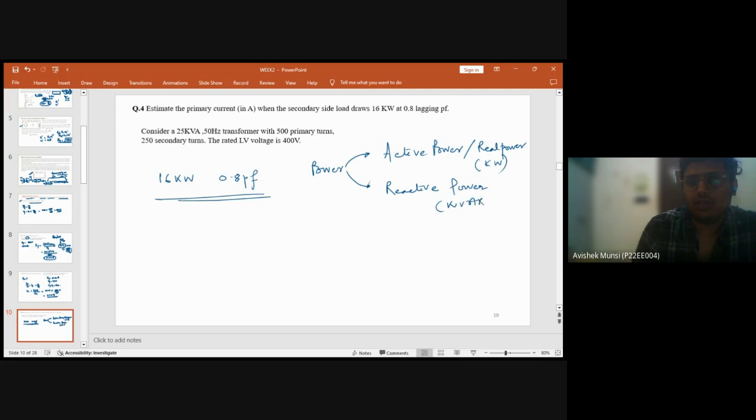This is kVAR. If you go through the power triangle, you can see that this is kilowatt, that is the active power.